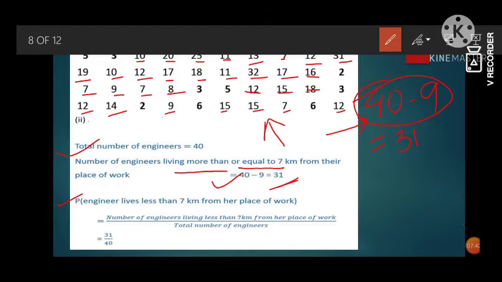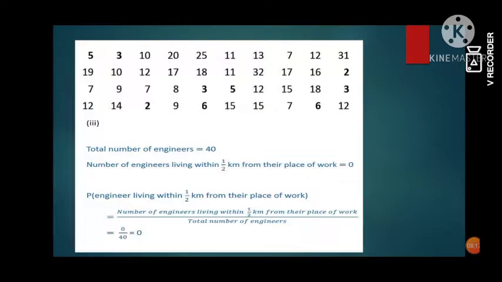Hence the probability of engineers living more than or equal to 7 kilometers from their place of work is 31 by 40. So we have our subpart 2.